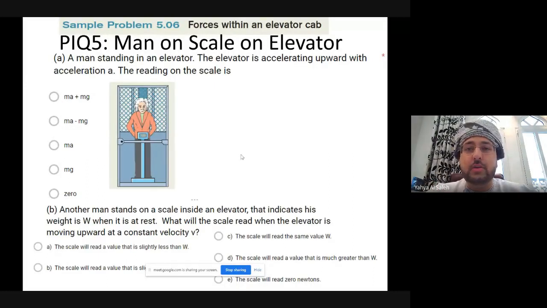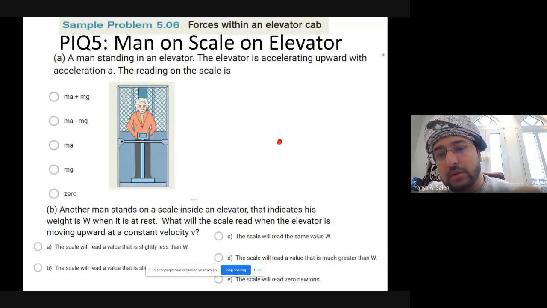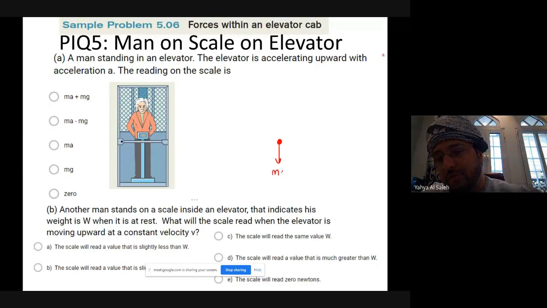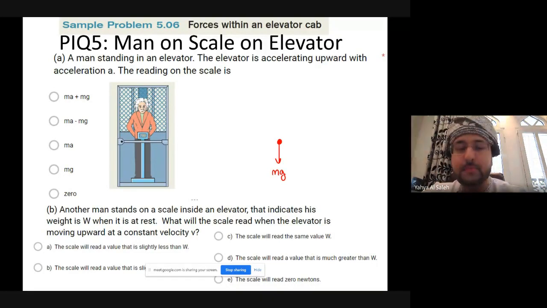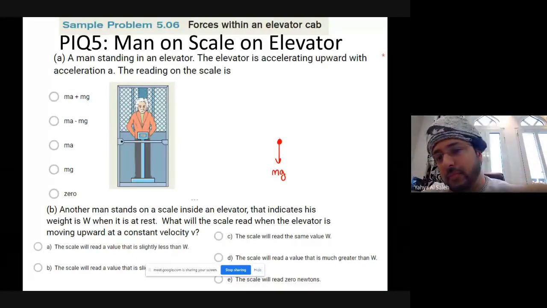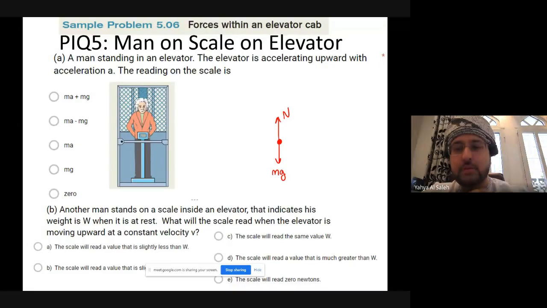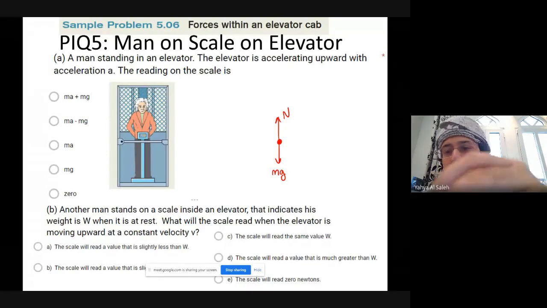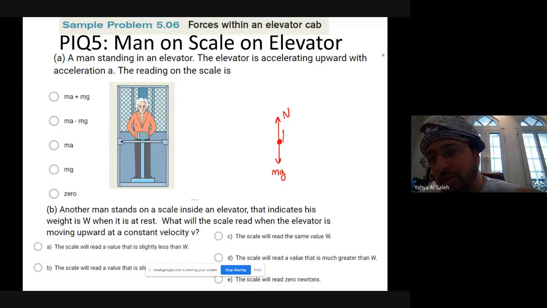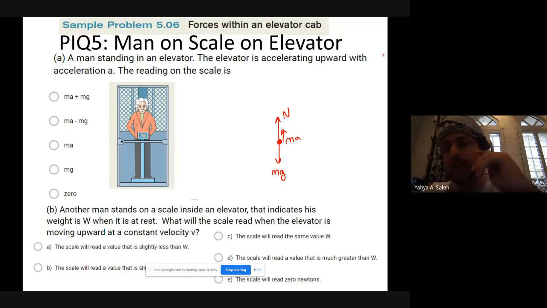First thing first, we need to draw a free body diagram, always in any problem involving forces. So here's my man, very, very big dot. There's the force of gravity downwards. There's the normal force upwards. Since the elevator is accelerating upwards, it means there is an extra force, MA, going up.